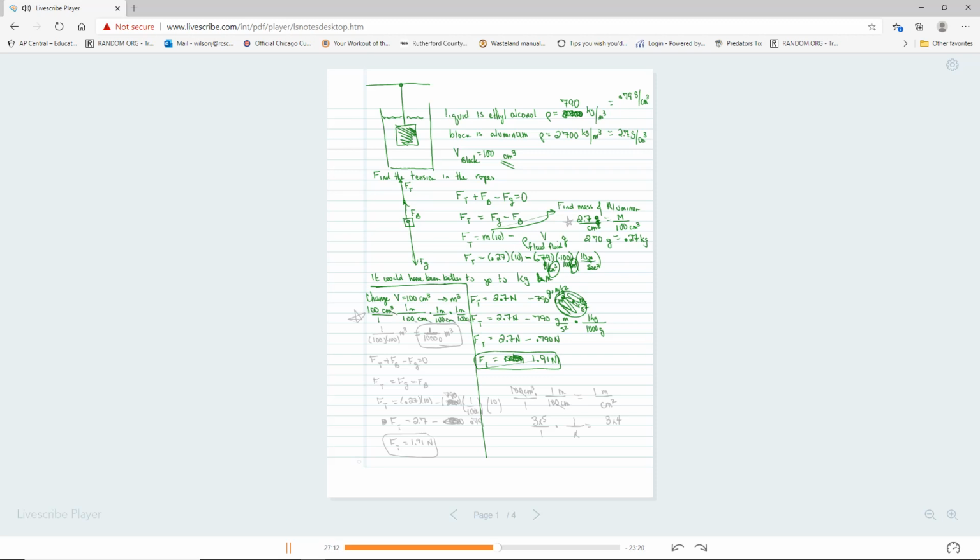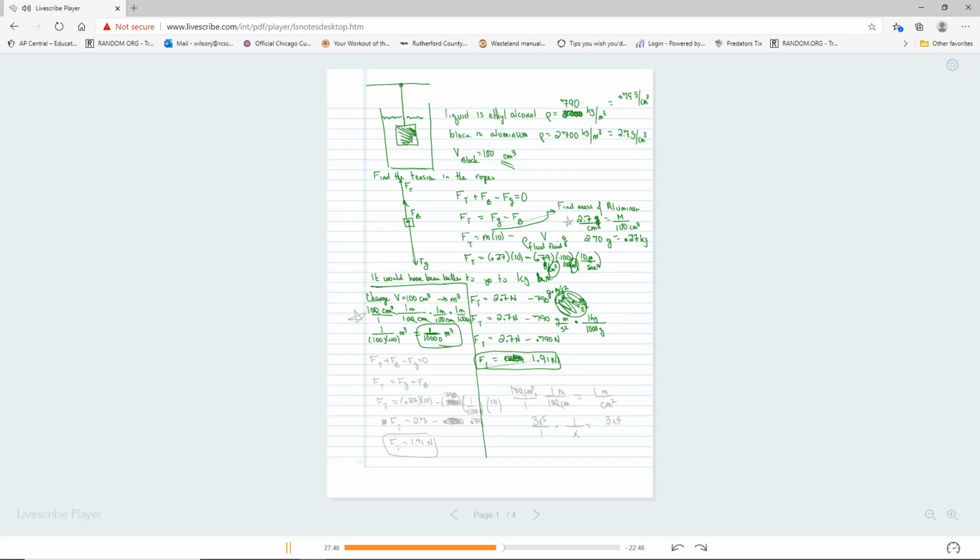So centimeters cubed goes, 100 divided by 100 is 1, so I get 1 over 100 times 100 meters cubed, which is 1 over, so this is our volume in meters cubed.